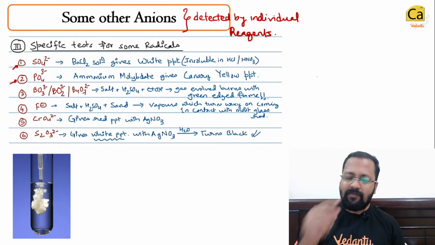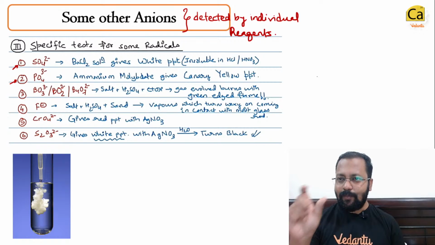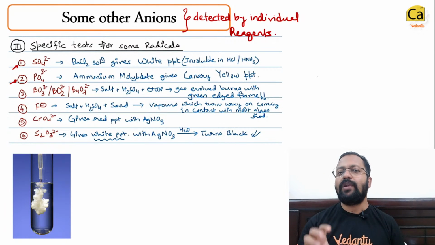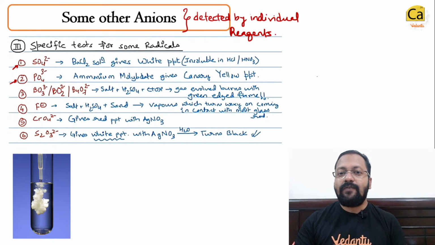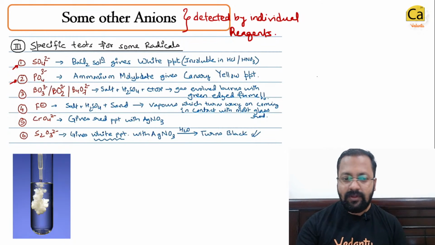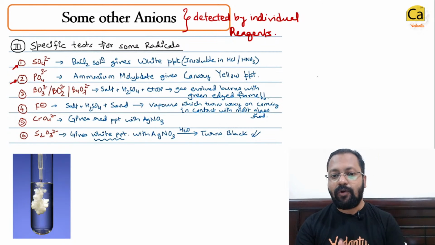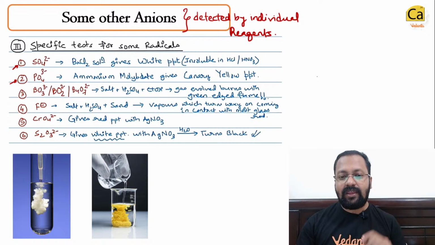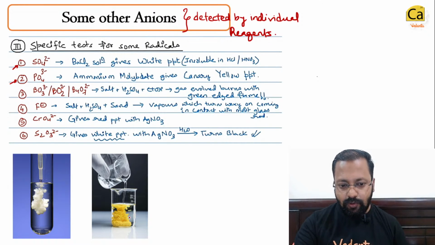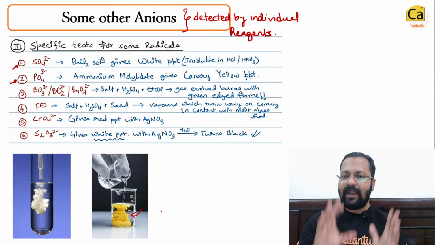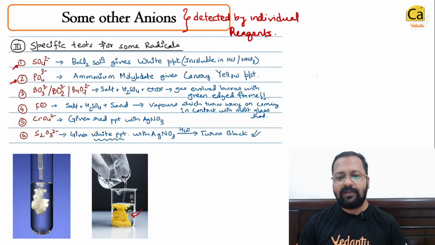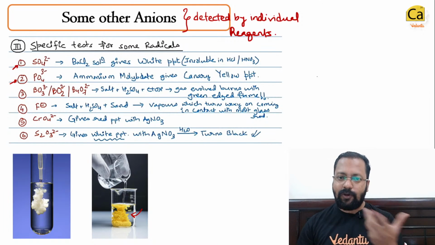Remember, in the examination as well, ammonium molybdate is a specific reagent which gives a test only for phosphate, and what we get is ammonium phosphomolybdate, which is canary yellow. Can you see this? This yellow is known as canary yellow. It is a quite bright yellow. Canary is a bird, a very beautiful yellow colored bird.